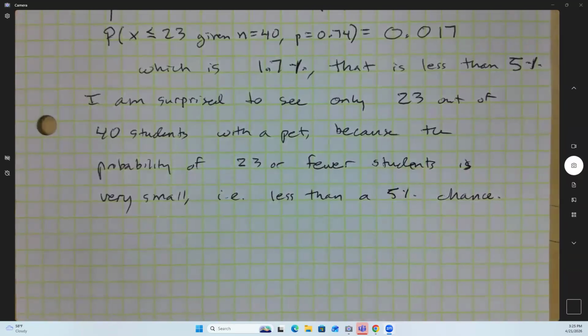That's how I would write that in a sentence that a non-statistician human would probably understand.